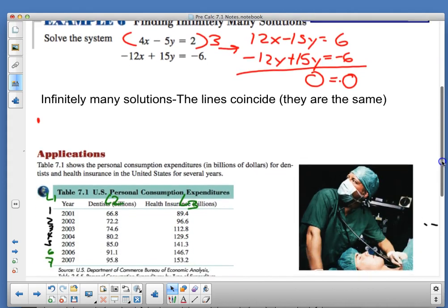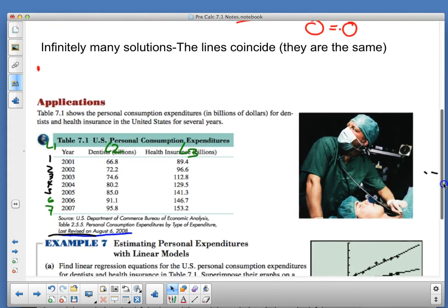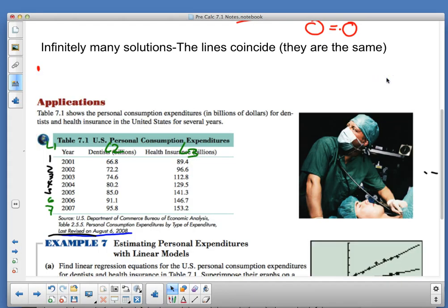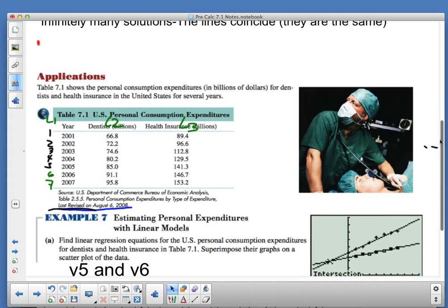Now, as we do applications on these today, I've got L1, L2, L3. Those are the lists where I plugged this into my calculator, okay. But before I get there, I suppose I should talk about it. Table 7.1 shows the personal consumption expenditures in billions of dollars for dentists and health insurance in the United States for several years, okay.